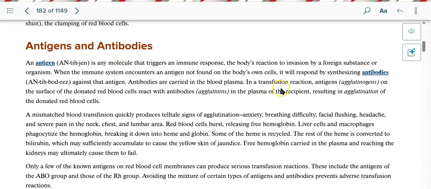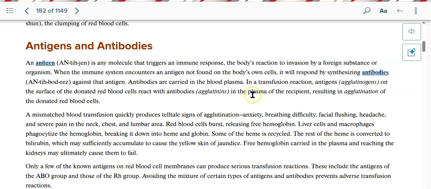All right, so in a transfusion reaction, the antigens are called agglutinogens. They will generate or give rise to agglutination. Those are found on the surface of the red blood cells, and they will react with antibodies, or agglutinins, that are found in the plasma of the recipient.